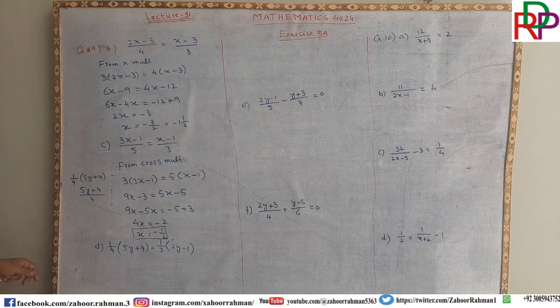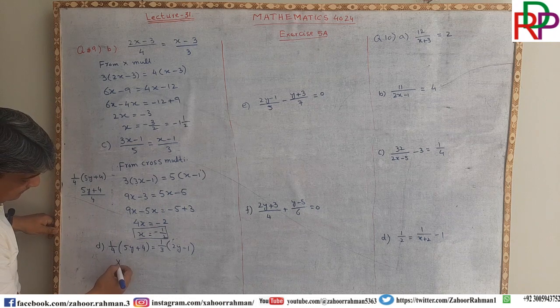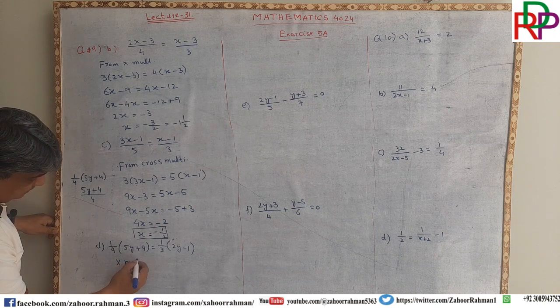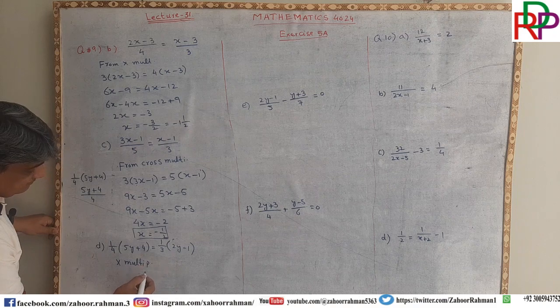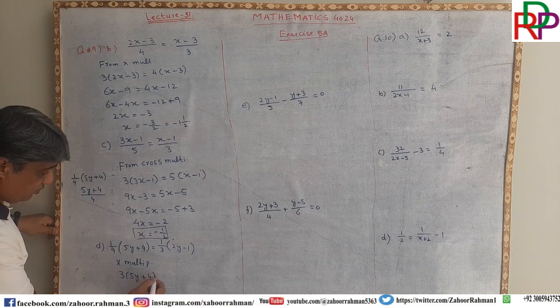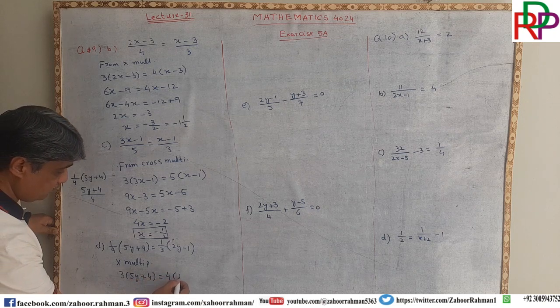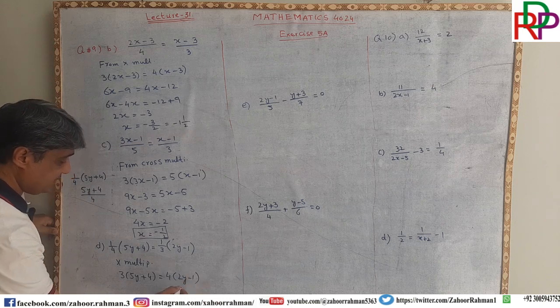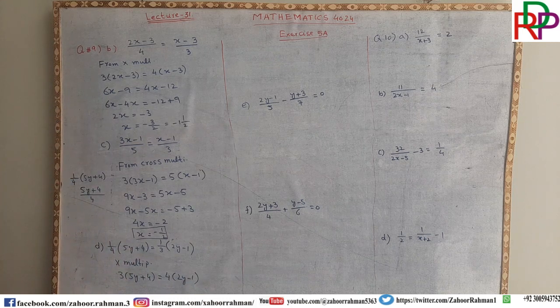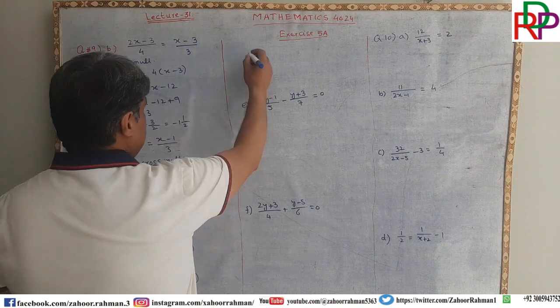So again you have to do the cross multiplication, and cross multiplication will give us 3 into 5y plus 4 equals 4 into 2y minus 1. So ladies and gentlemen, the same thing, but for confusion they wrote, instead of this 5 value, 1 over 5, nothing else is there.